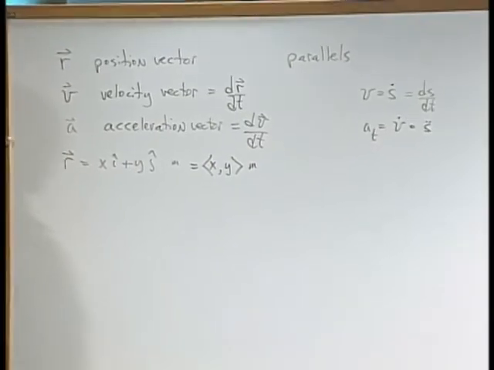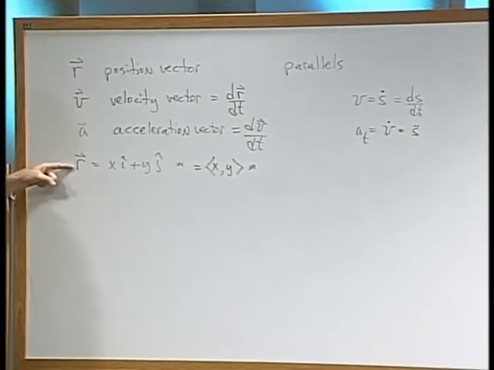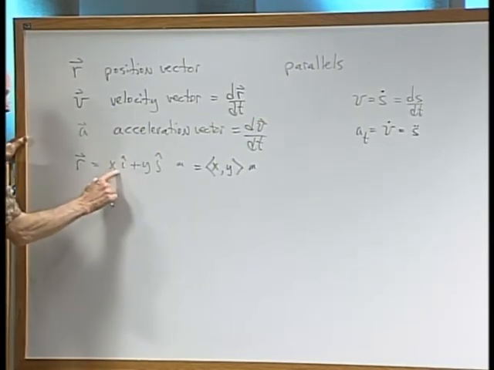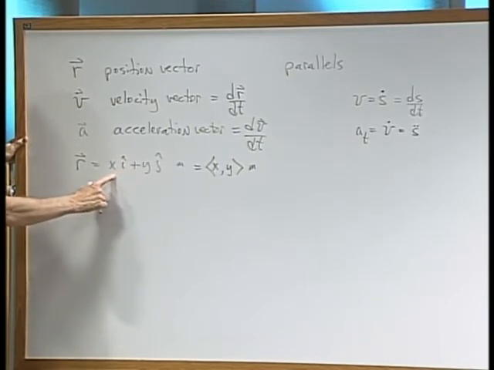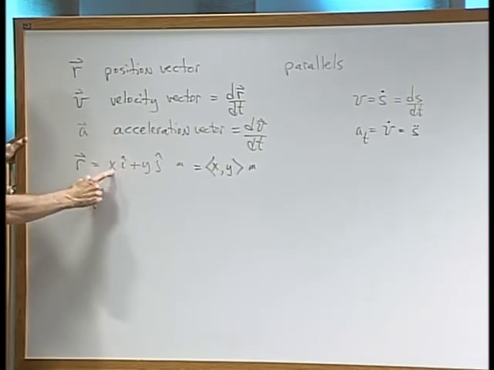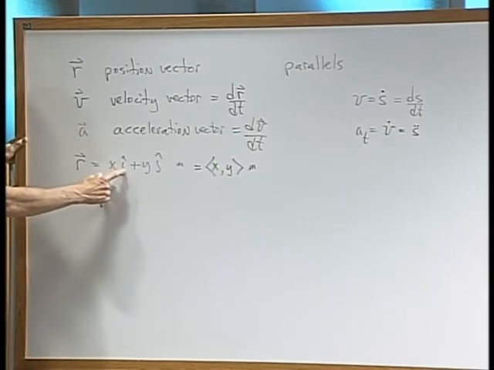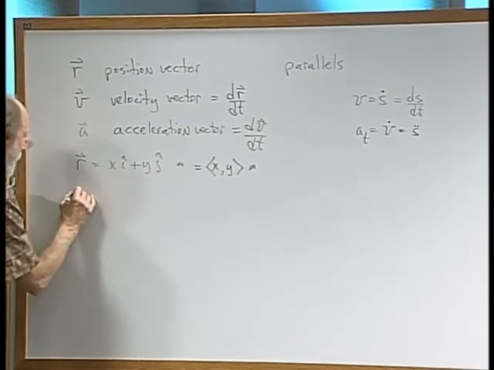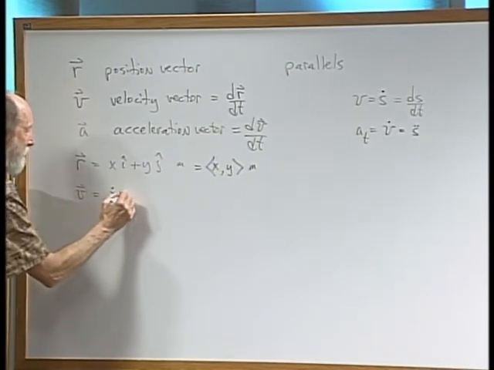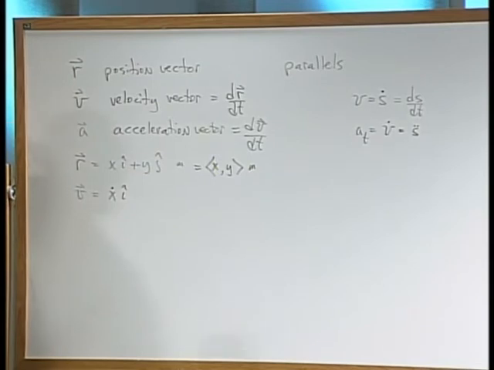Easy. Okay. Now, let's take the time derivative, since that's what our velocity is, the time rate of change of this position vector. And you have a product going on right here, don't you? x times i hat, magnitude times its defined direction. So when we take the derivative here, we're going to have the time derivative of x, leave i hat alone. Let's go ahead and write that down. So our velocity then is going to be equal to x dot i hat. Now, I'm not going to write this other thing down.